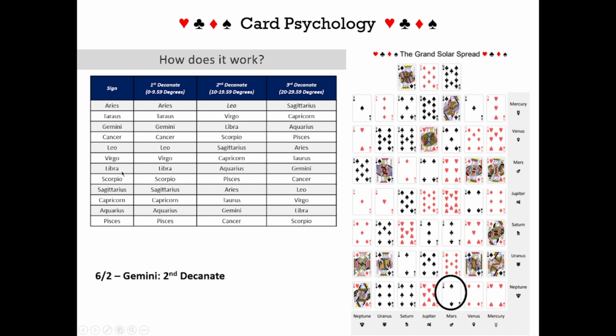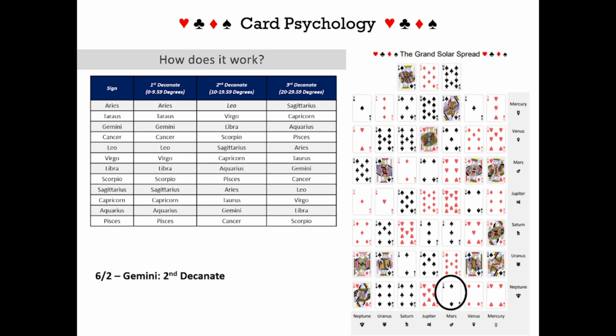And the second decanate for Gemini is Libra. This goes based off of the elements. So 12 degrees, second decanate is Libra. Libra's ruling planet is Venus.